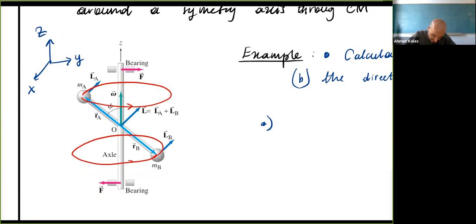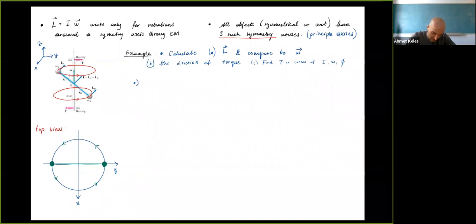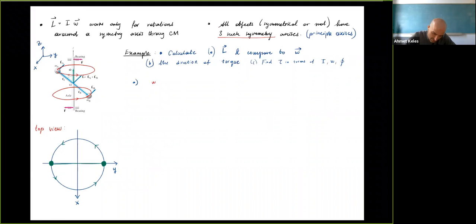So I can use the right-hand rule to find omega, and omega is basically here. It's already given, right? Omega is along z direction.